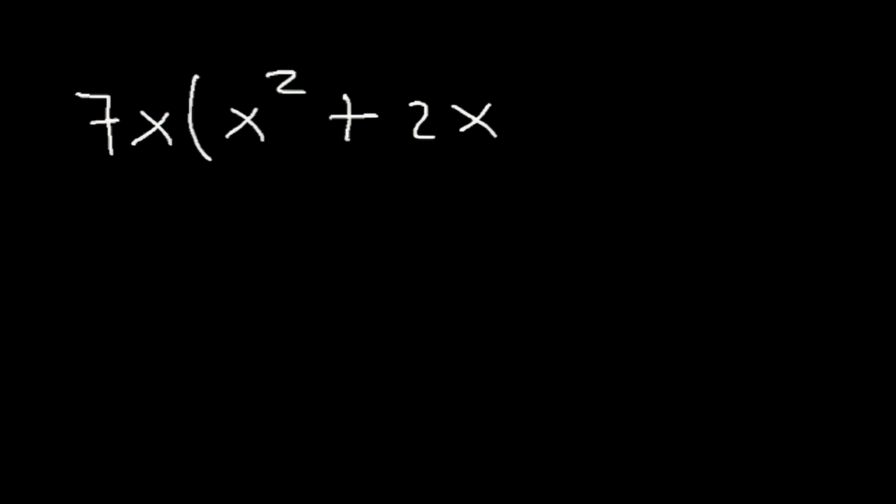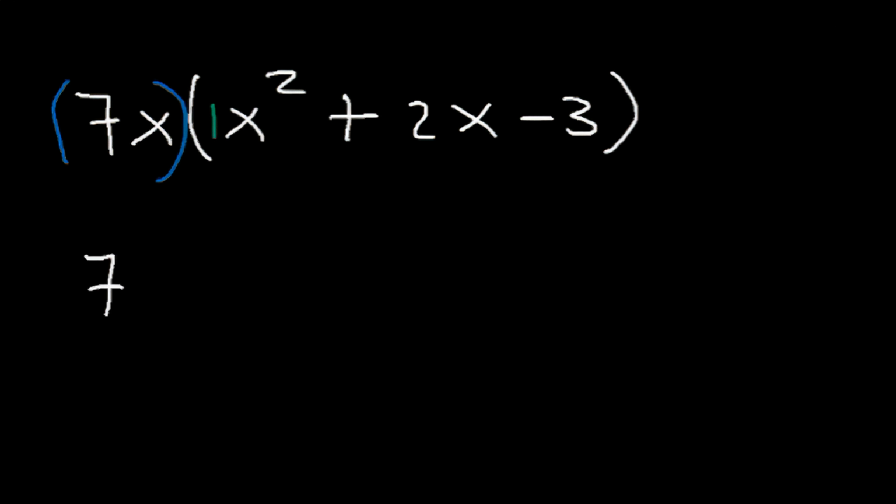Now, let's say if we wish to multiply a monomial by a trinomial. What is the answer? What do we need to do? So, we need to distribute 7x to everything inside. So what's 7x times x squared? So x squared is the same as 1x squared. 7 times 1 is 7.